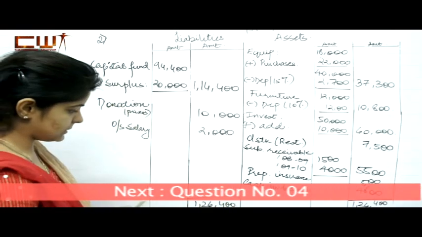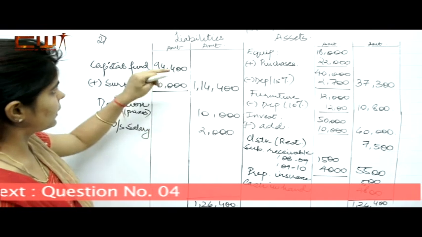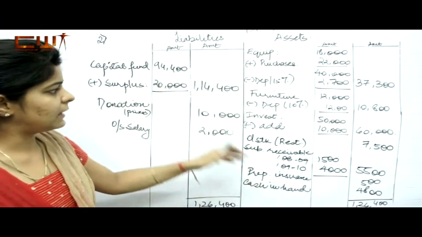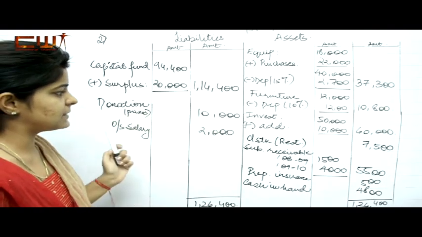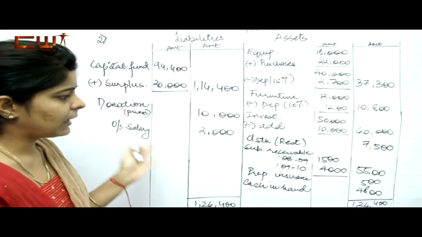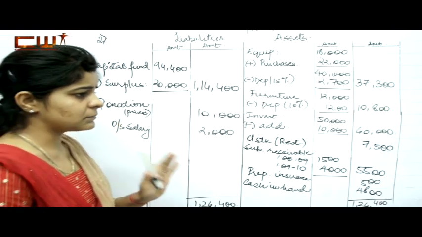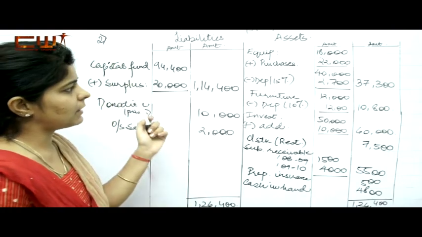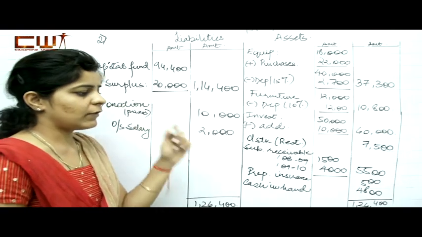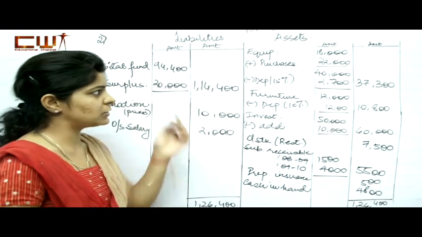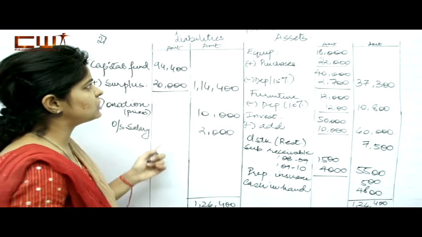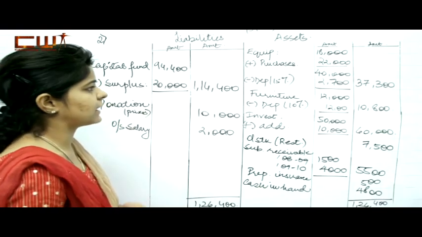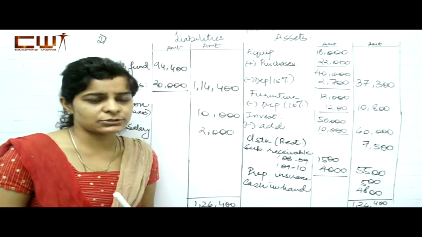So this is liabilities side you have, and then you have the asset side. Make sure you write all the expenses, outstanding and prepaid incomes. You have accrued and outstanding incomes, and you mention them here. All the adjustments will come twice, one in the income and expenditure account and one in the balance sheet, that is either on the assets or the liability side. So this was the balance sheet of the second question. Now we move on to the next numerical.